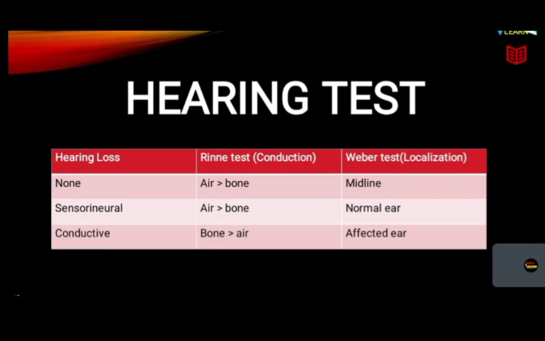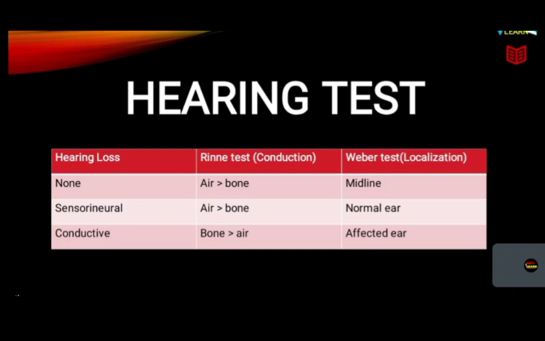So now, in interpretation of the Rinne's and Weber's test, they may give you a question. Let's use a question, it may be very helpful. They say the patient has a Weber's test that lateralizes to the right, and Rinne's test is negative on the right side. So what do you think?